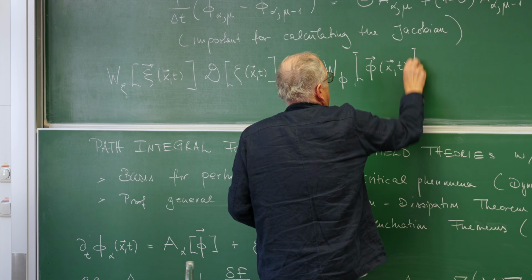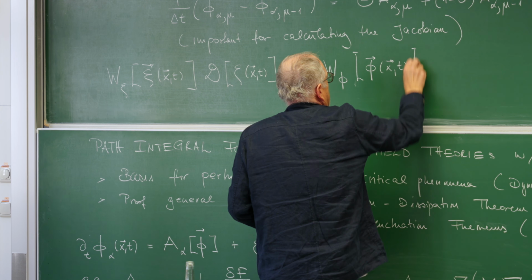If you then want to express the probability density for the field as a function of these field variables, okay, then you can write it as the probability distribution function of the noise, leaving out the arguments of the fields, times j of phi, where this j of phi is the Jacobian of the transformation.